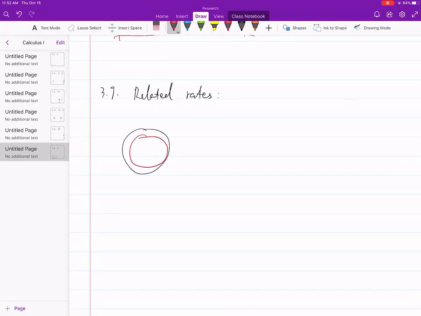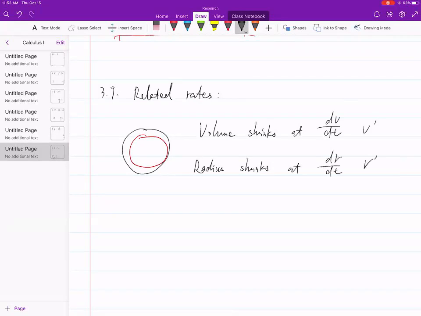Now you see something really interesting. The volume shrinks at a certain rate. Meanwhile, as the volume shrinks, the radius also shrinks at a rate. We call it dr over dt, or r prime, or v prime.